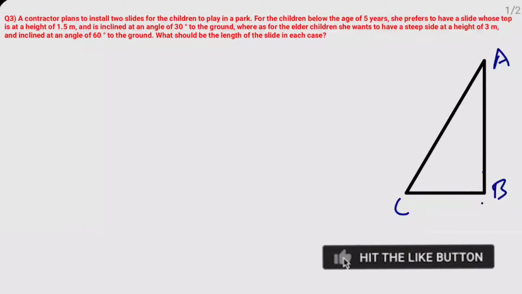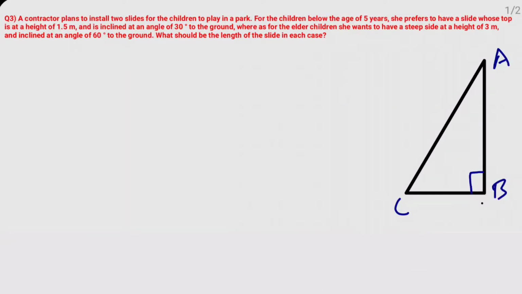And the height is perpendicular to the base. And they have given here for younger children the height is 1.5 meter and the angle is 30 degrees. Here we want to find out the length of the slide.